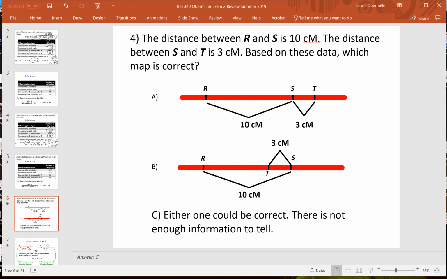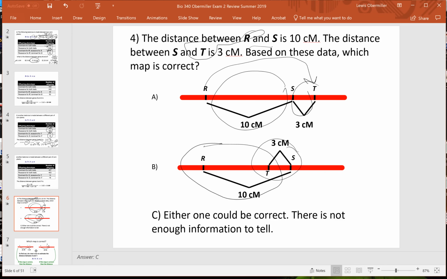All right. So this question is the distance between R and S is 10 centimorgans, right? So we have that right here. Distance between S and T is 3 centimorgans. Based on this data, which map is correct? Well, the answer is that you don't know because we haven't tested R and T, which we have to do to figure out if that distance is 13 or if that distance is 7.